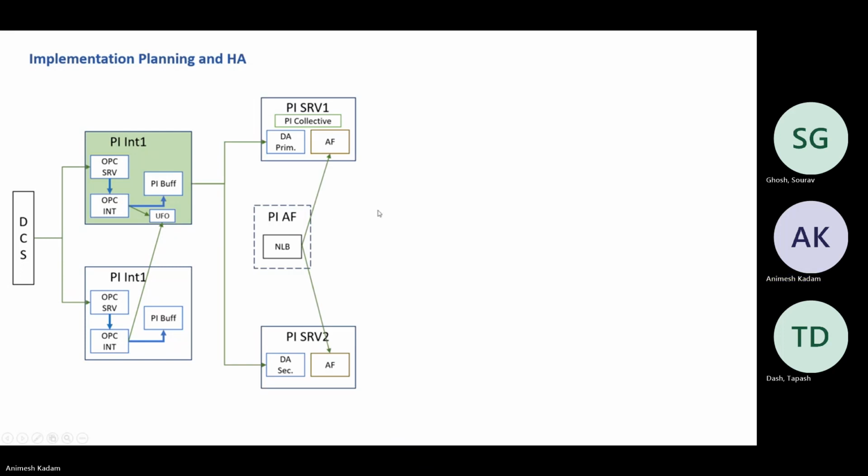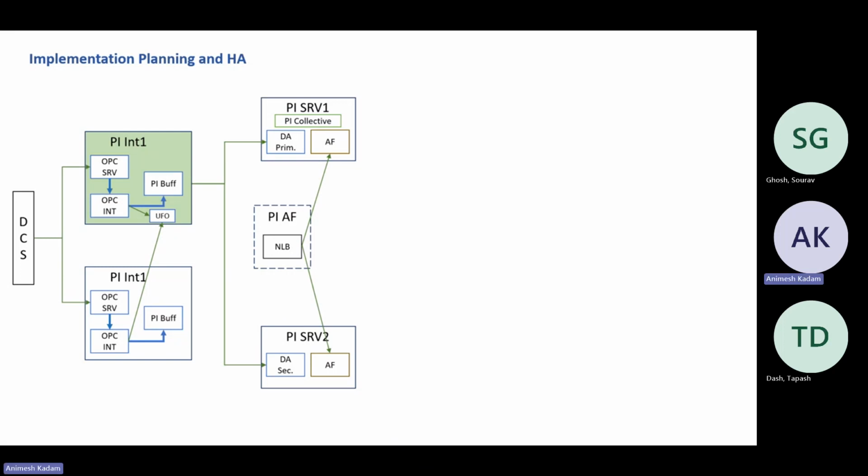What we have done here is we have considered two separate machines, one for the Pi server 1 and one for the secondary Pi server. And what we configure, we call it a Pi collective. So the terminology we use is Pi collective. For the interface, it is a failover. For servers, it is a collective.